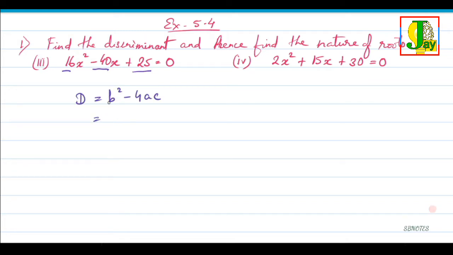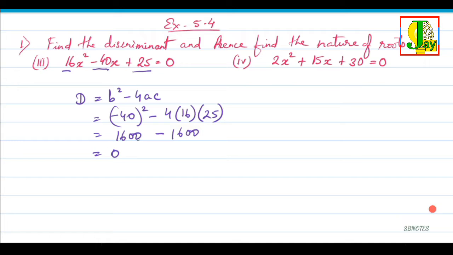Just put the values. So b square is minus 40 square, minus 4 into a, which is 16, and c is 25. The square of a negative number will be positive, so it is 1600, minus 4 into 25 into 16, which is 1600. So D is actually equal to 0 here.